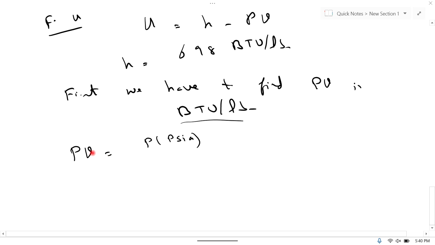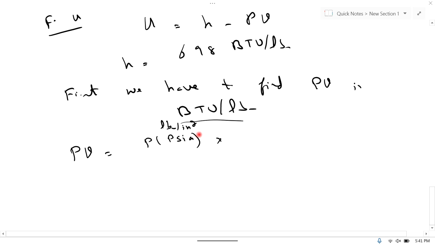This is P. Now to convert this pressure, this is in pounds per square inch, but we need this in pounds per square feet. So convert this value. This psi is basically pound mass per square inch, but we need this in square feet.